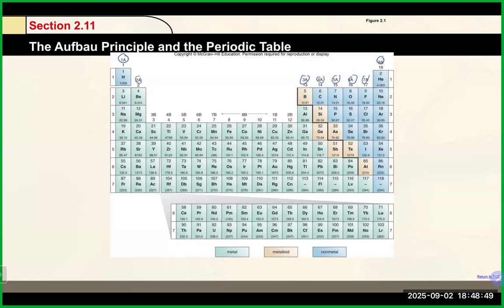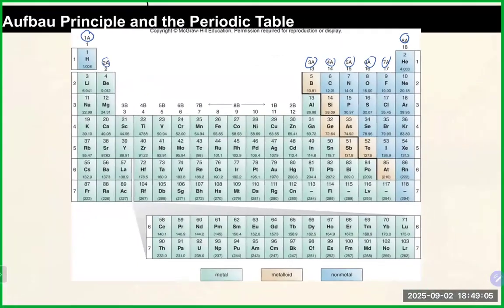Most people don't use the A part of it. They just call it group 1, group 2, group 3, group 4, but they are usually representing the A numbering. There's also sometimes B numbering, and you could also see just straight up 1 through 18 as well, which is also very common.